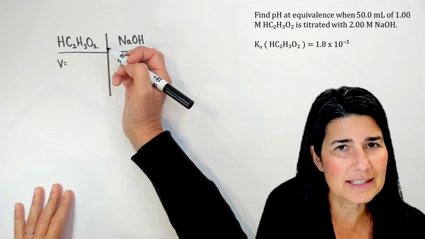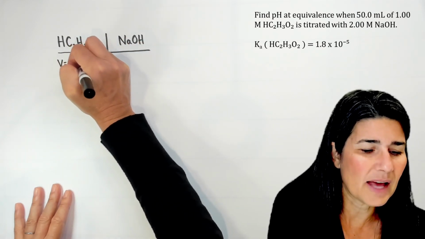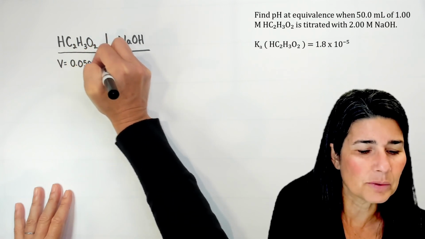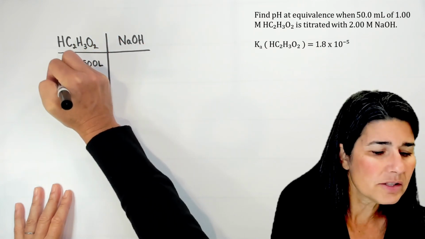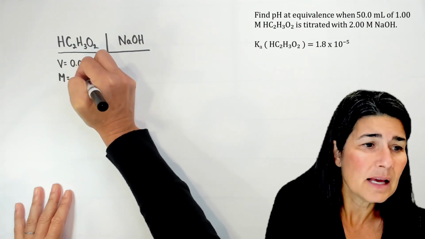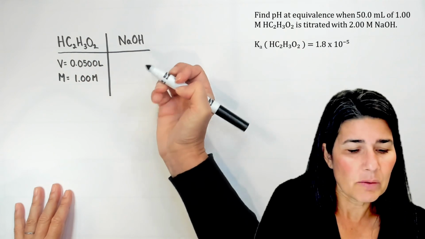I'm going to change that into liters right away, since I know I'm going to need liters: 0.0500 liters. I also know the molarity of this is a 1.00 molar solution.